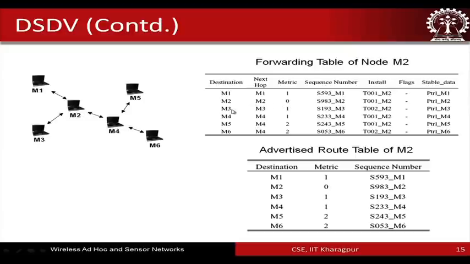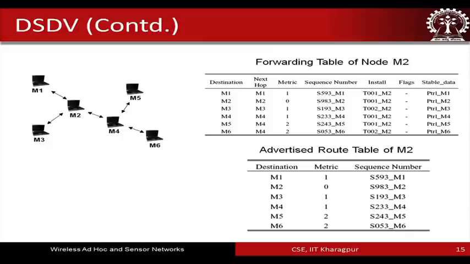So, from M2 to M3, next hop is M3, number of hops is 1, M2 to M4, next hop is M4, number of hops is 1, M2 to M5, next hop is M4, number of hops is 2, M2 to M6, next hop is M4, number of hops that are required is 2. So, this is basically derived based on this particular topology.